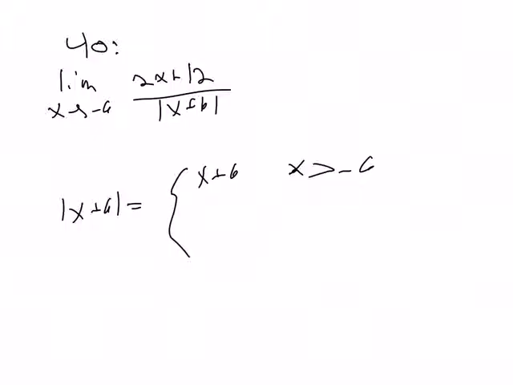If x is greater than negative 6, then this is going to always be positive, and it's going to be negative x minus 6 if x is less than negative 6, because if x is less than negative 6, then adding a 6 to it will not make it positive, so you have to take the negative in order to make it positive.